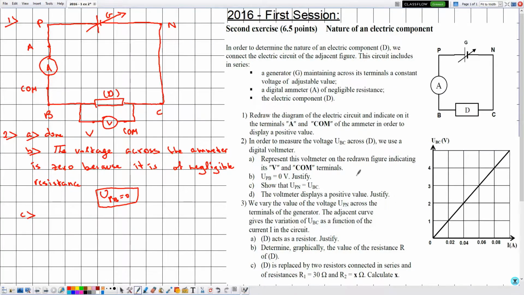Now in part C they are telling me show that UPN is equal to UBC, and this can be done using the law of addition of voltages, because in part B they asked me about the voltage across a certain branch.